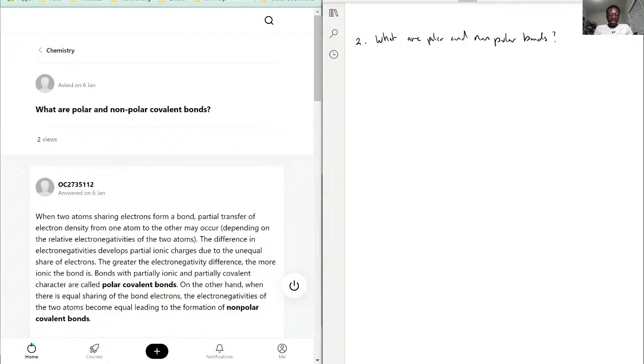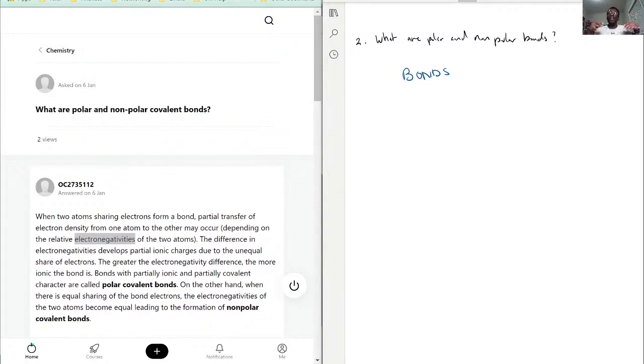For this question, we're going to actually get the help of what they answered with. The important part I'm going to highlight right away is the electronegativities, because they're not talking about polar or non-polar molecules. They're talking about the bonds. Finding out a polar or non-polar molecule requires a little bit more work, where you have to really get the bonds all together and get the visualization and see if there's an imbalance.